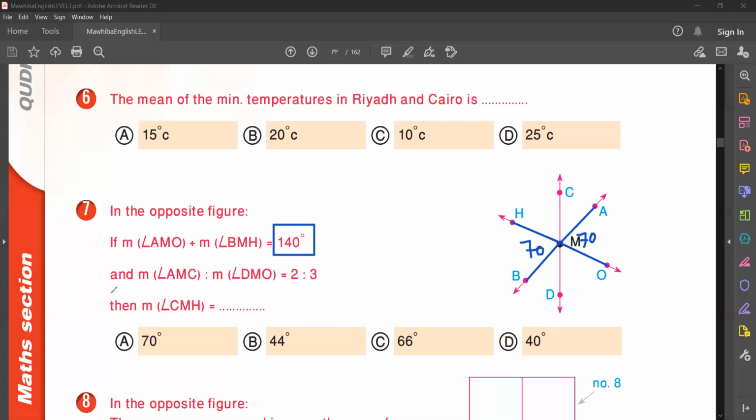Okay, now, the second one. He said AMC, where is it? AMC, where is it?